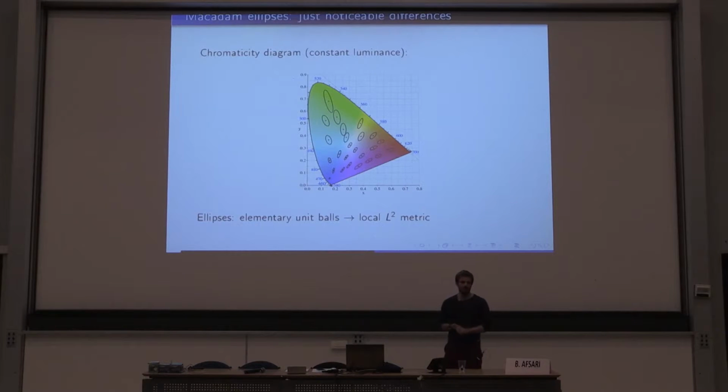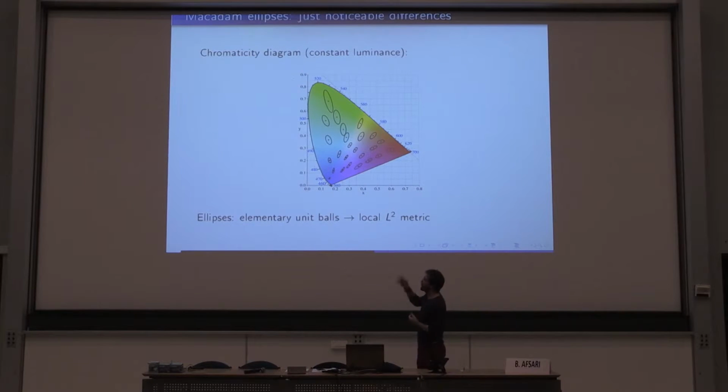So the MacAdam ellipses are sets of just noticeable differences. So it means that inside a MacAdam ellipse, it's not possible to differentiate two colors.